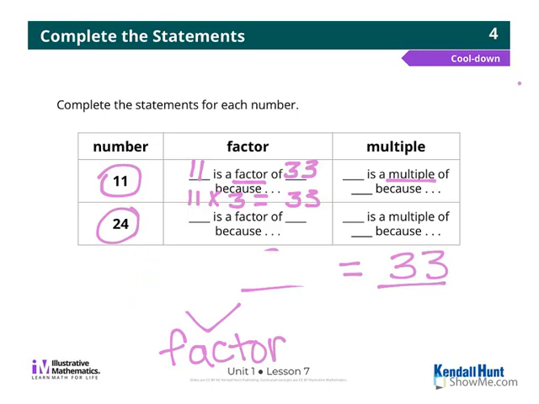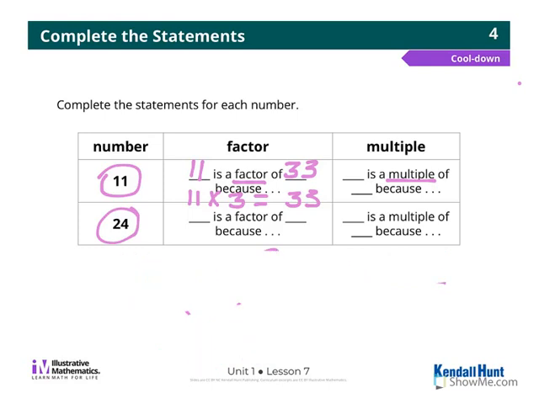Now I'm going to use 11 as a multiple. So blank is a multiple of blank because. Well, a multiple is a number I say when I'm doing a count by. So let's see.